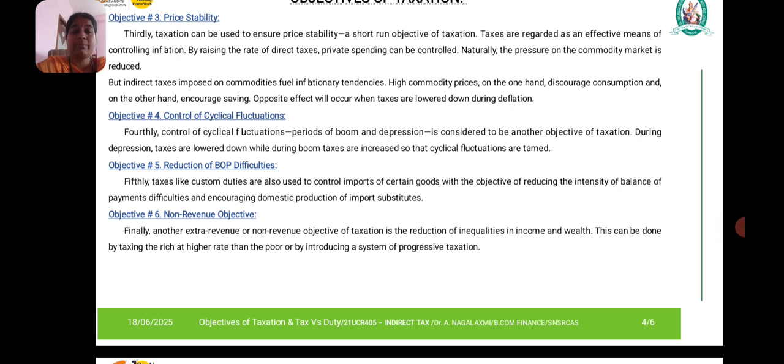Progressive taxation means that when we earn less, less tax is to be paid; when we earn more, we have to pay more tax. Here, poor people should not get affected, and rich people should not be unduly burdened. That is a very important concept, reformed by our government in the form of progressive taxation.